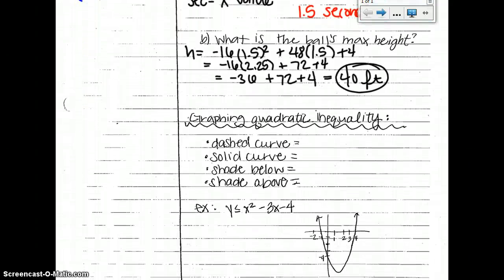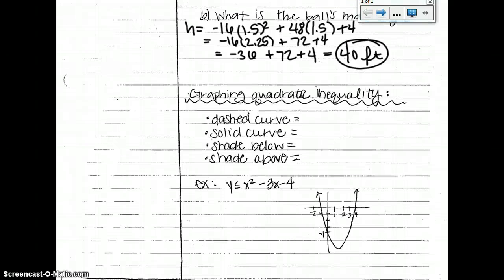Okay, graphing quadratic inequalities. This is the exact same as if we were graphing functions or lines. So a dashed curve means that it's greater than or less than. A solid line means that it's less than or equal to, or greater than or equal to.